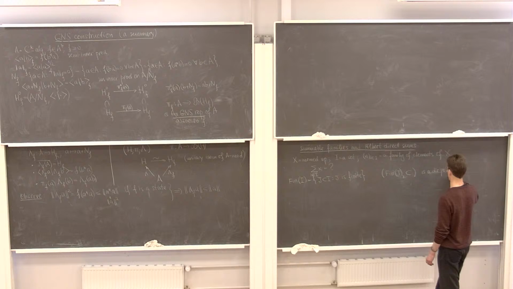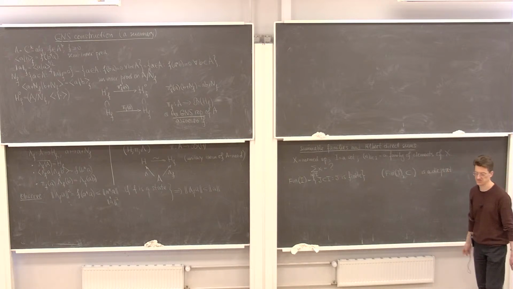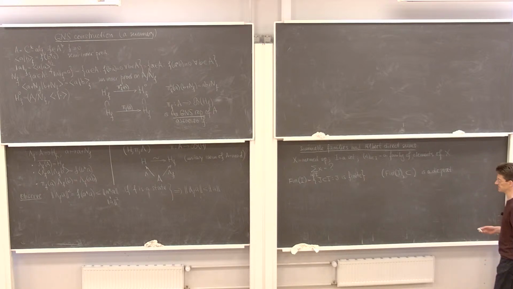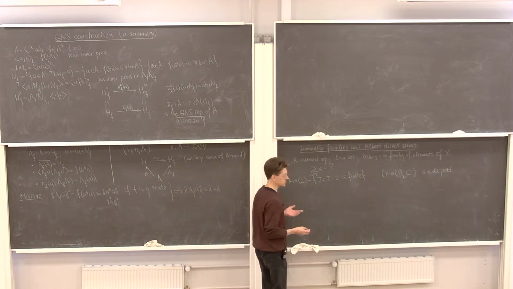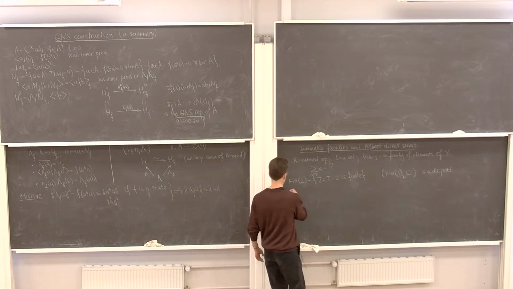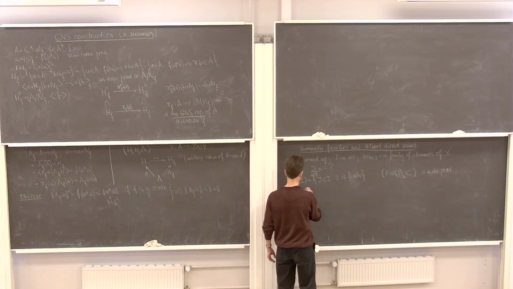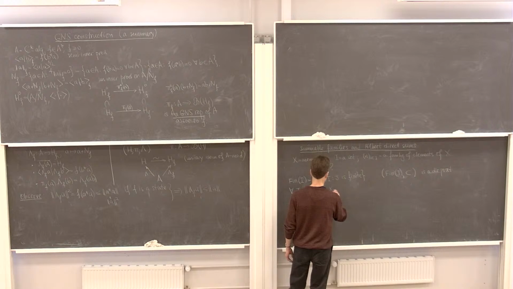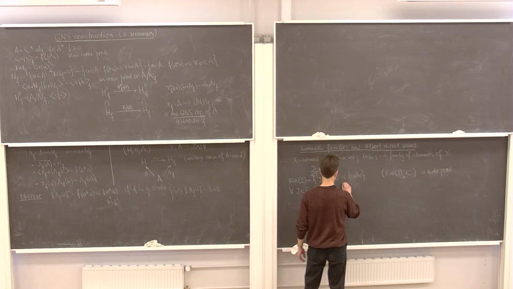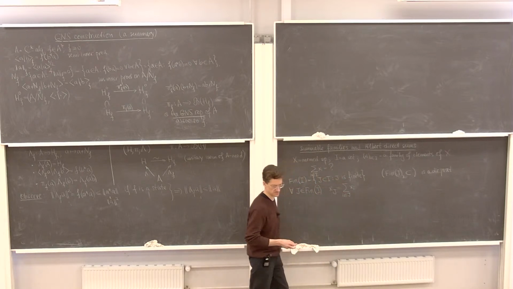It is obviously directed because if you have two finite sets, then each of them is dominated by their union, which is also finite. So it is a directed poset. And now we construct a net indexed by this poset. So for every finite subset J of I, we denote by xj the sum of the elements xi, where i runs over J. So this is just a finite sum.